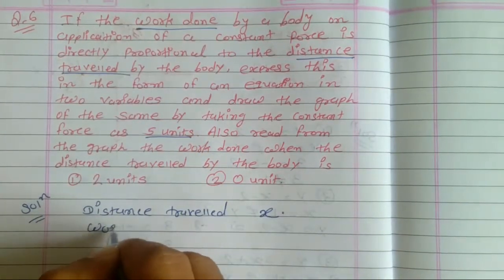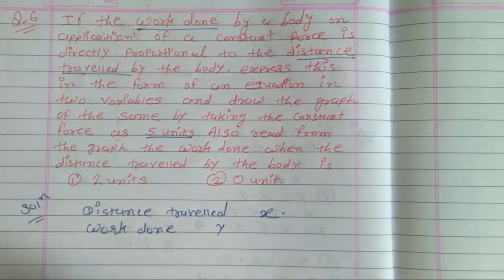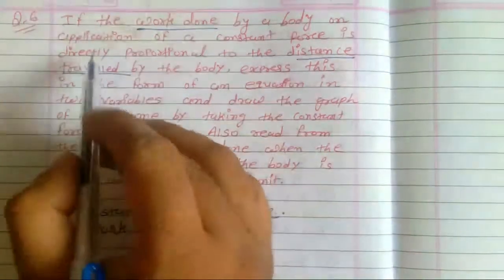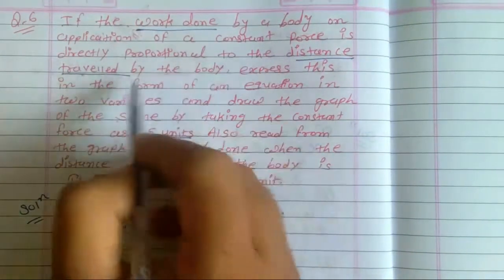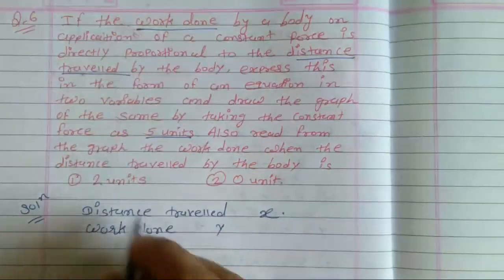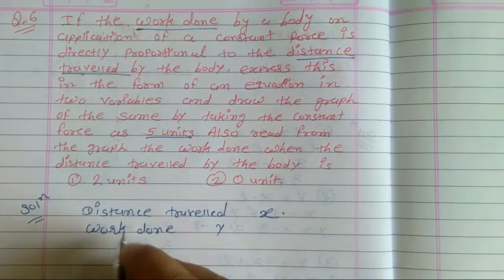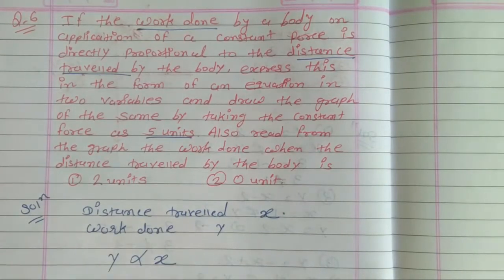Now work done. So total work done is y. Here the work done is directly proportional to the distance traveled. That means y is directly proportional to x.